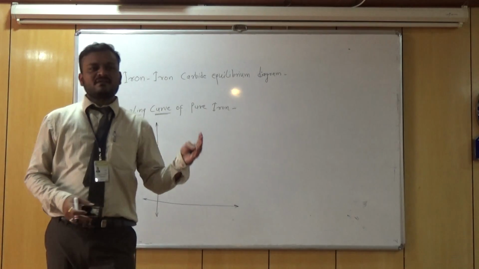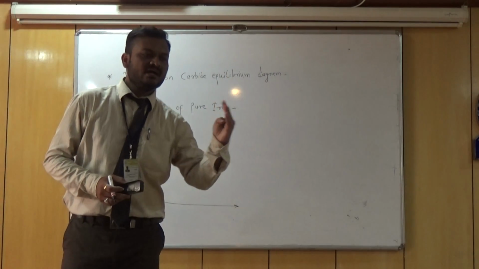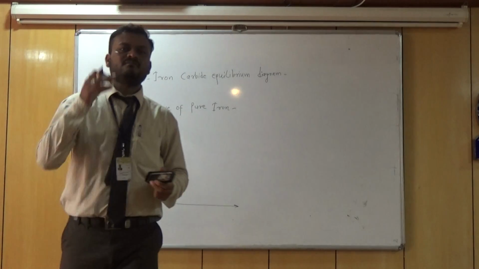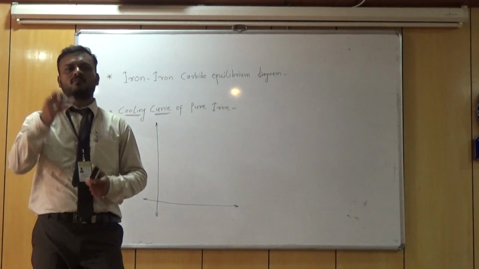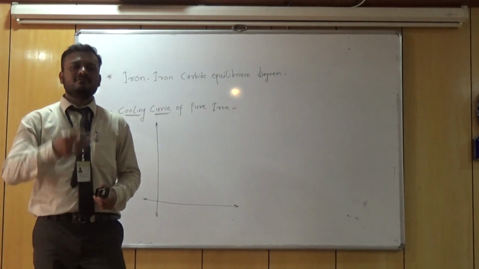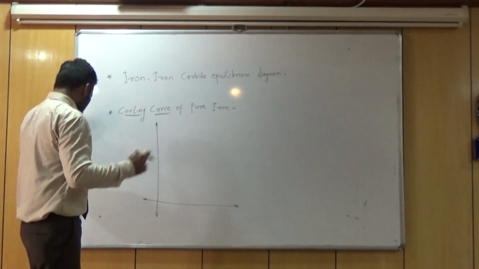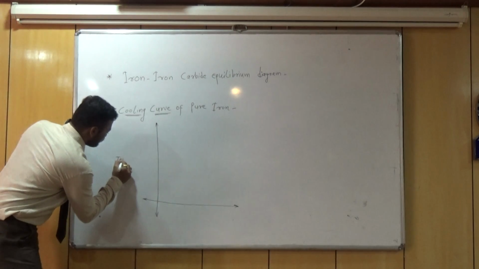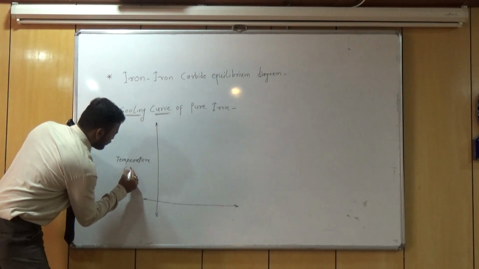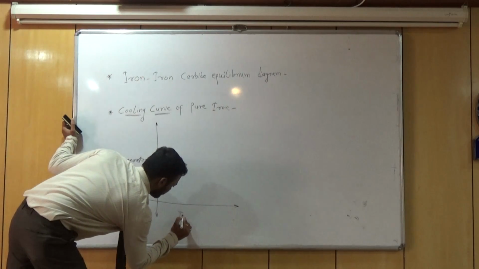Then after getting to the liquid state, if we start slow cooling from the liquid state till room temperature as it becomes solid, and during that slow cooling process we plot temperature as a function of time, we will get a continuous type of curve. That curve will be termed the cooling curve. In this curve we are going to plot temperature against time.